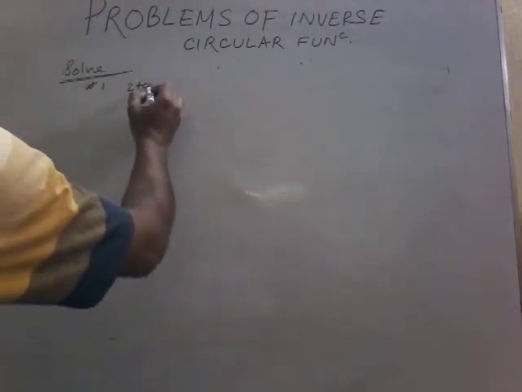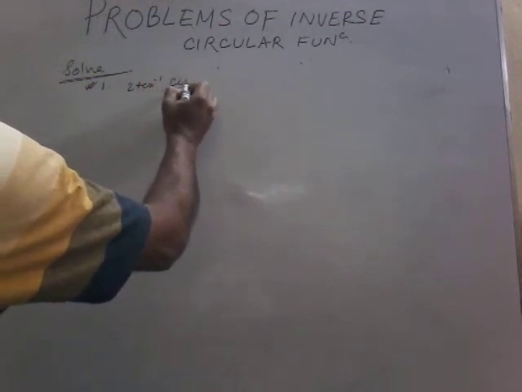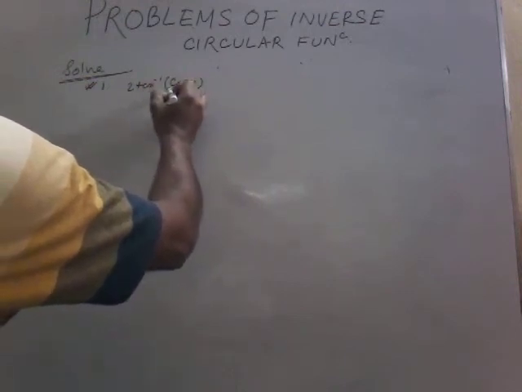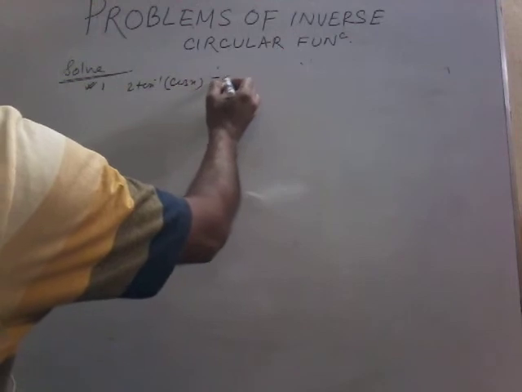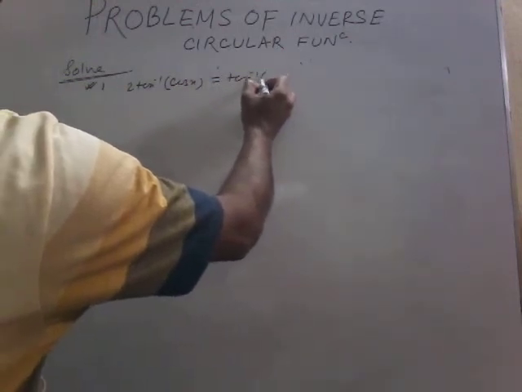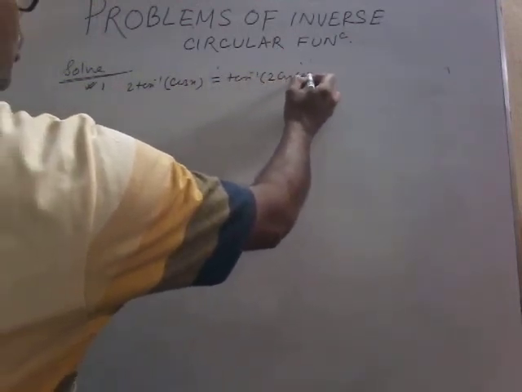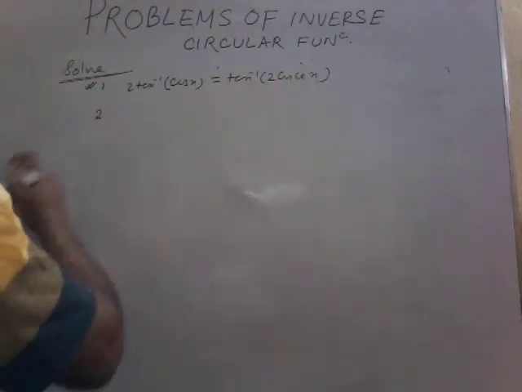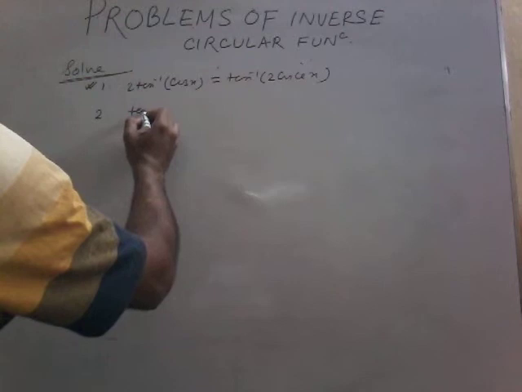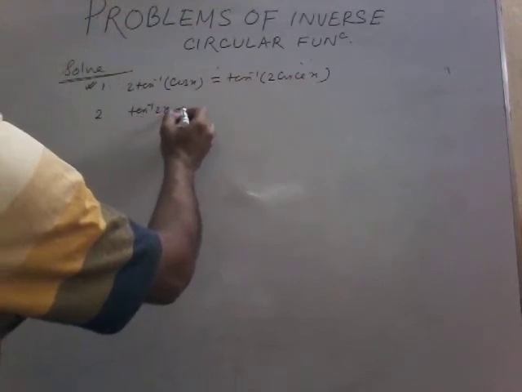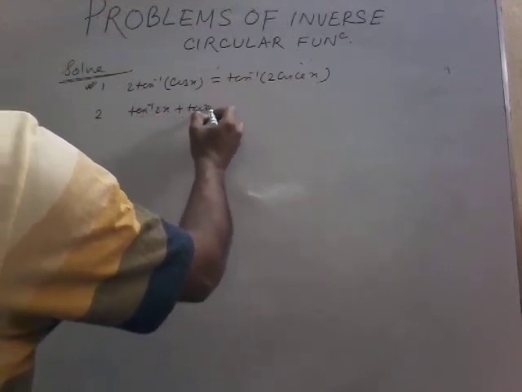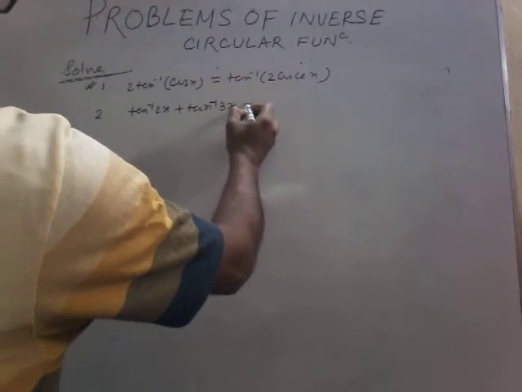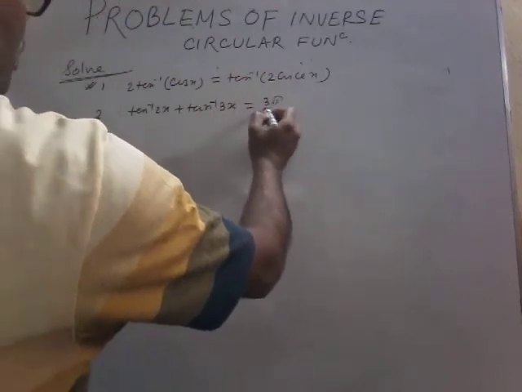Two tan inverse cos x equals tan inverse 2 cosec x. Solve for x. Number 2, tan inverse 2x plus tan inverse 3x equals 3 pi by 4.